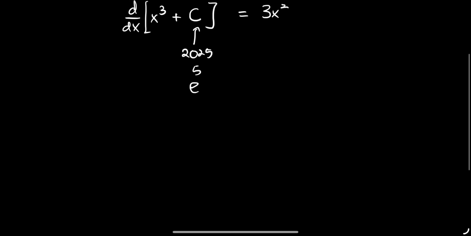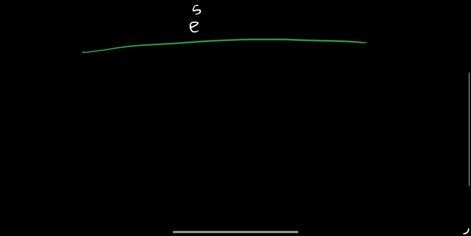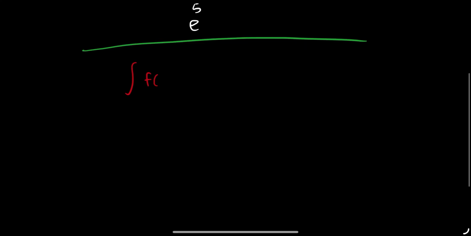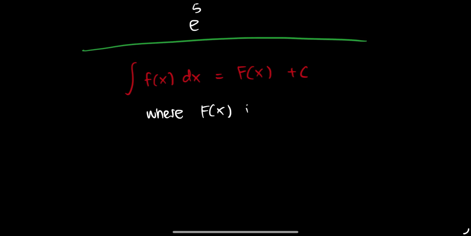So now a general formula would be the integral of f x dx is capital F x plus c, where capital F x is the antiderivative of small f x.